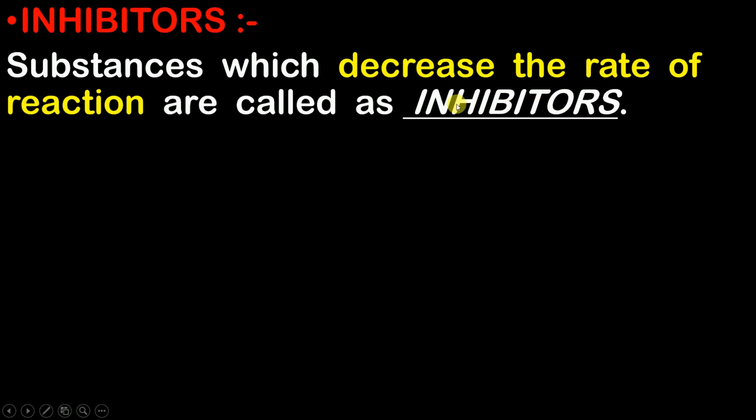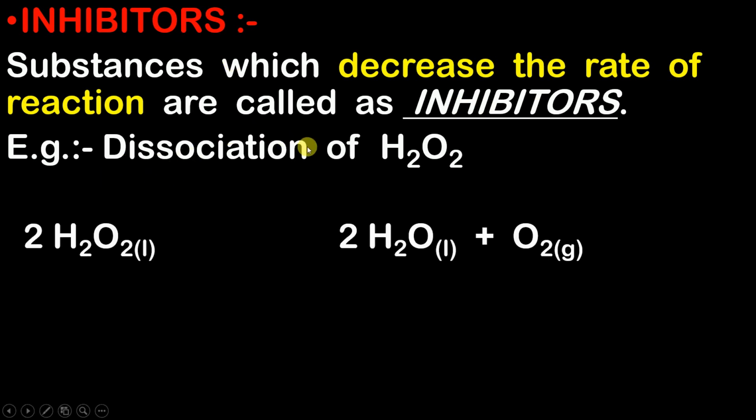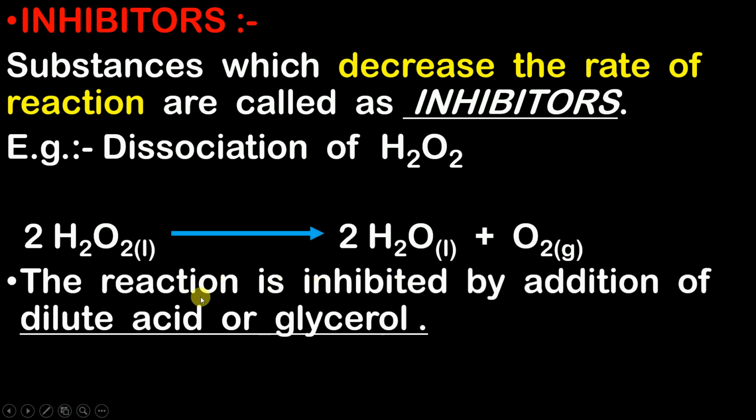Let us consider another example: the dissociation of H2O2. This is the dissociation of H2O2 that takes place, and the reaction is inhibited by addition of dilute acid or glycerol, which means that if you add a dilute acid or glycerol, then the rate of the reaction is going to decrease. So dilute acid and glycerol are nothing but your inhibitors.